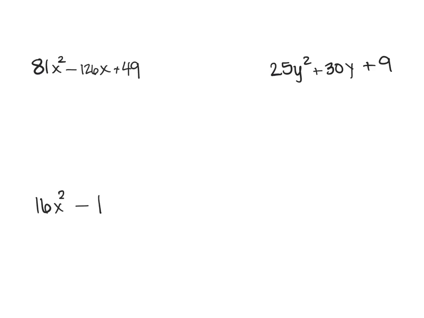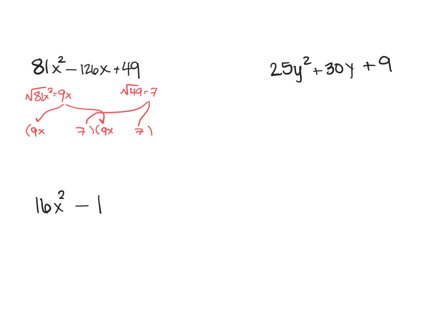So let's try to use these perfect square patterns to help us factor these 3 expressions we see on the screen. If we start, we're going to square root the 81x squared to double check it's a perfect square, and I find 9x. We square root 49, and we get 7. Because of that, we can start to make an educated guess that this is a perfect square trinomial. We know the 9x goes into the first 2 spots in the parentheses, and the 7 goes into the second.